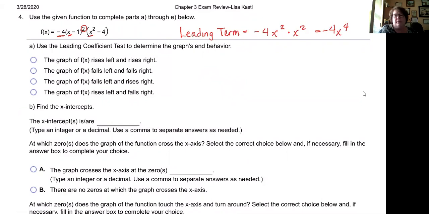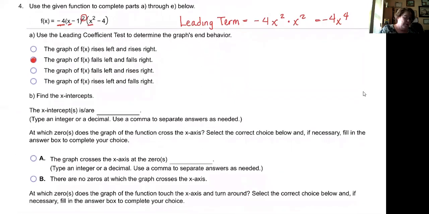Since this leading term is negative 4x to the 4th, it's an even function whose leading coefficient is negative, so it has to fall to the left and fall to the right. That was my second choice here.